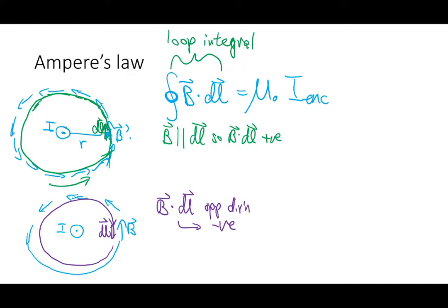To make that consistent, we must say that the current, in this case coming out of the page, has to be negative instead of positive. So here we're demonstrating how the integration direction that we choose is intimately related to the side of the current that we call positive.